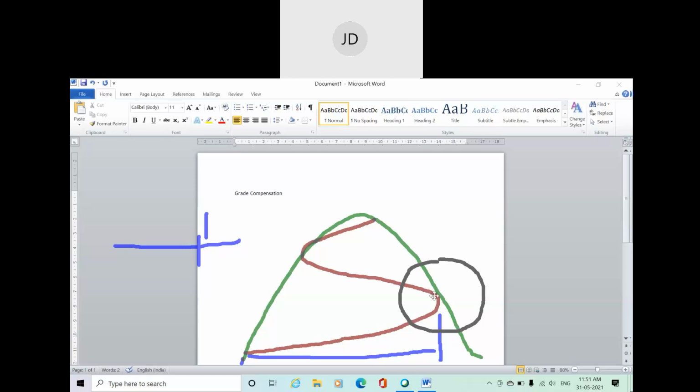This particular curve is actually circular. Up to this point, just imagine this part is circular. So one option to provide safe movement of the train is to increase the radius.